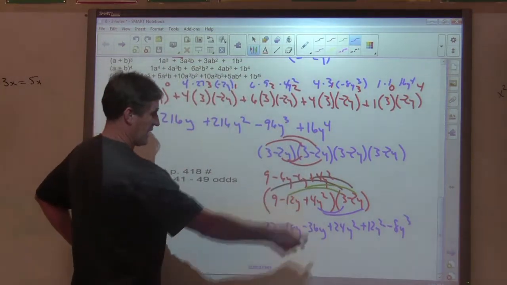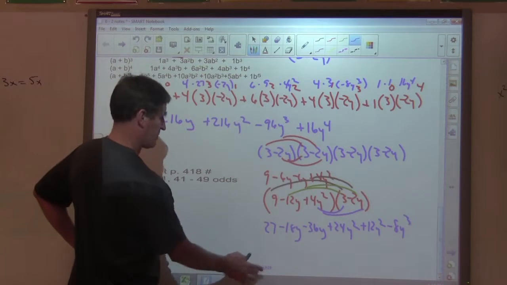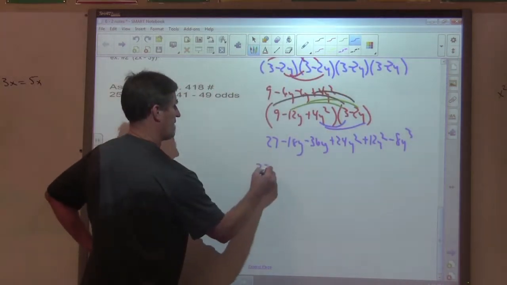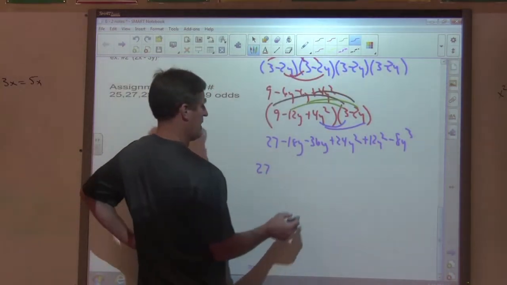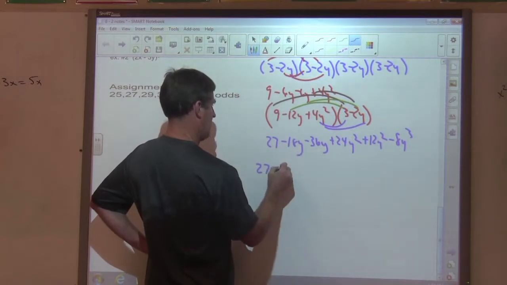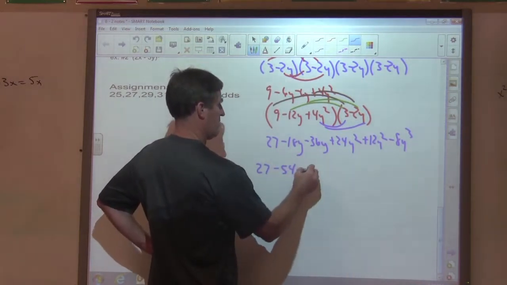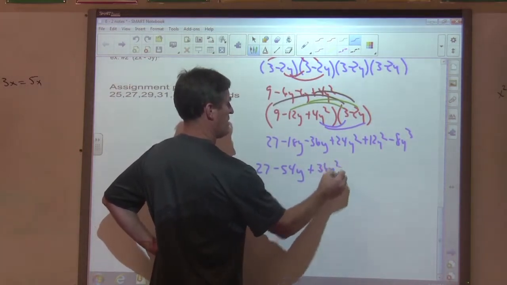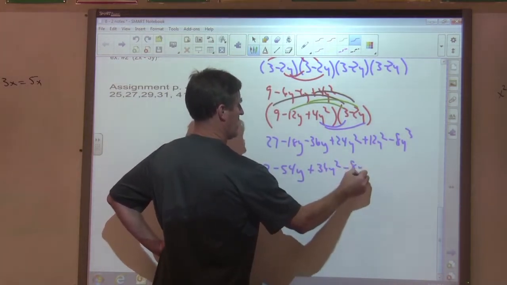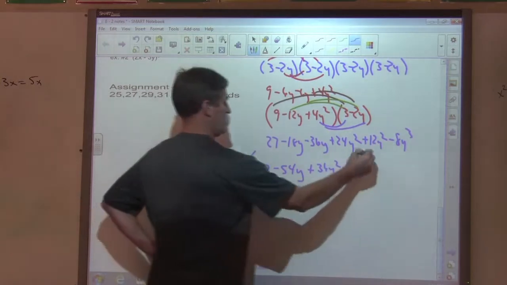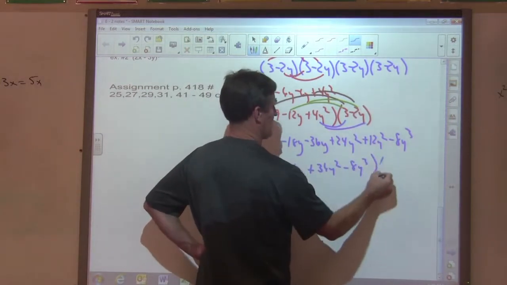And now we have to combine the like terms there. So we have 27. And then we have a negative 54y plus 36y squared minus 8y cubed. And now I have to take that times the last one.